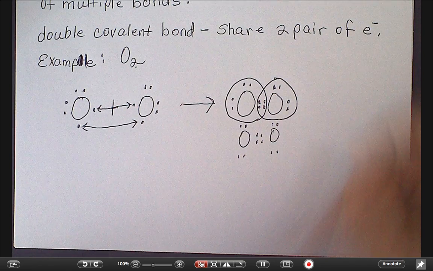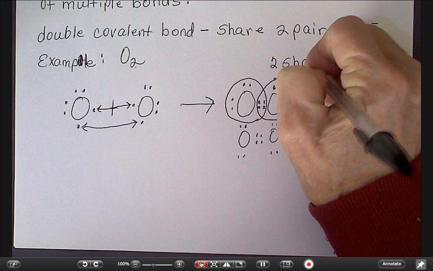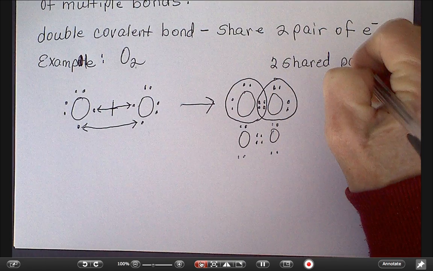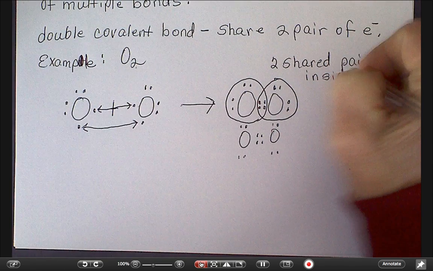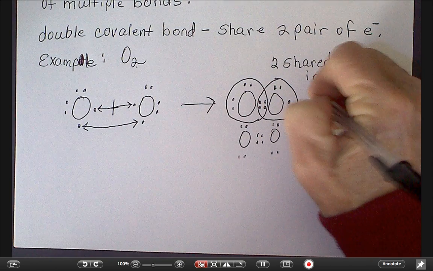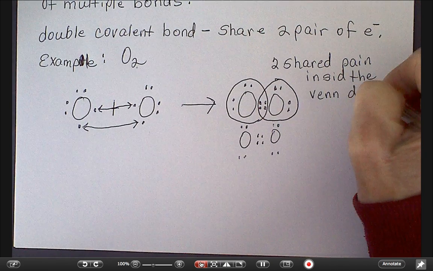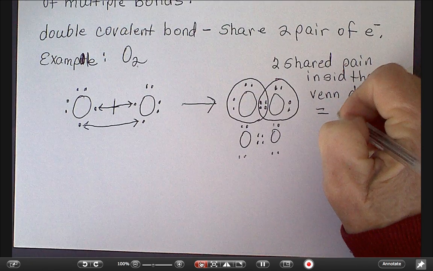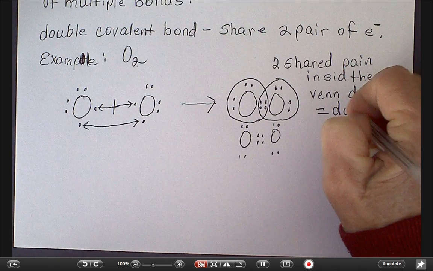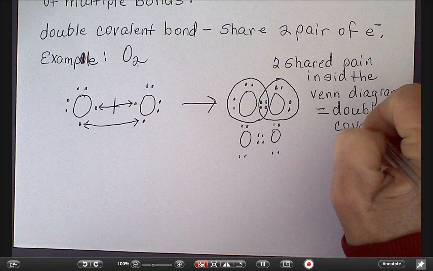Two. These two shared pair here inside the Venn diagram equals what kind of bond? Double covalent bond.